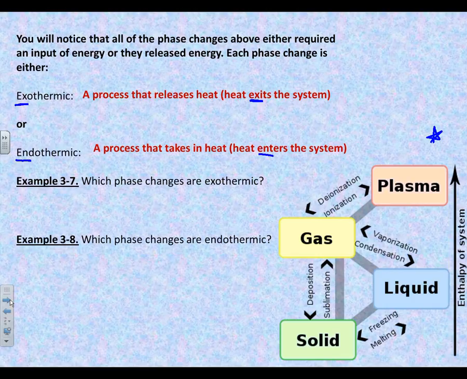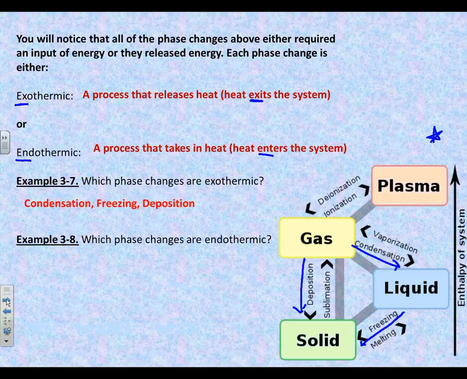We're going to point to all the ones that are becoming colder because they're releasing their heat. So if we're starting with gas, condensation to a liquid is colder. Liquid to a solid, freezing, is cold. And then gas to deposition is very cold. So those are your three that are exothermic.